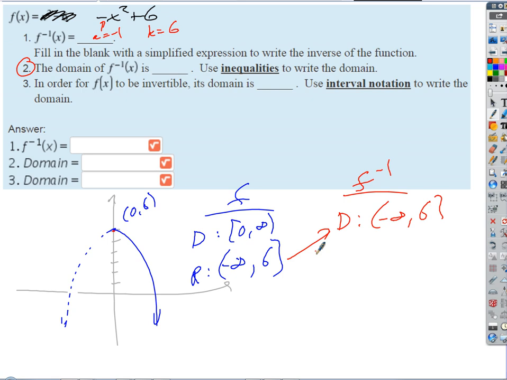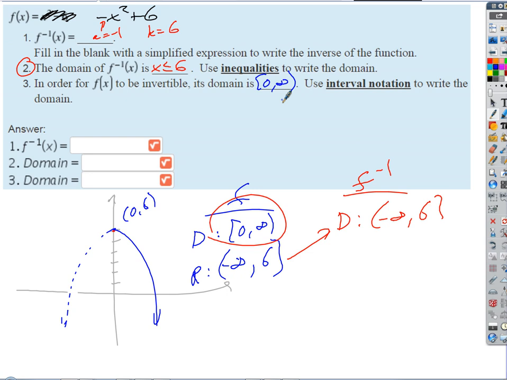Less than or equal to 6. Good. And then the domain for the function, well, that's just right there, right? And they wanted an interval notation. So, like that.